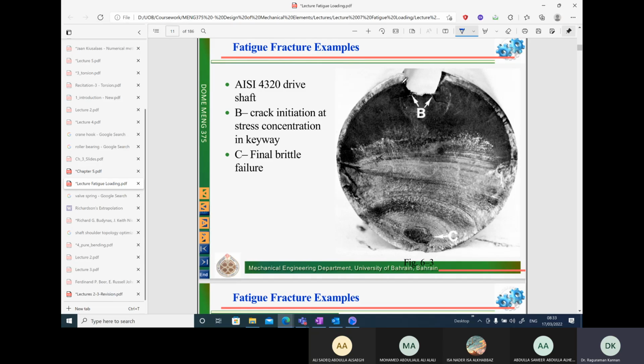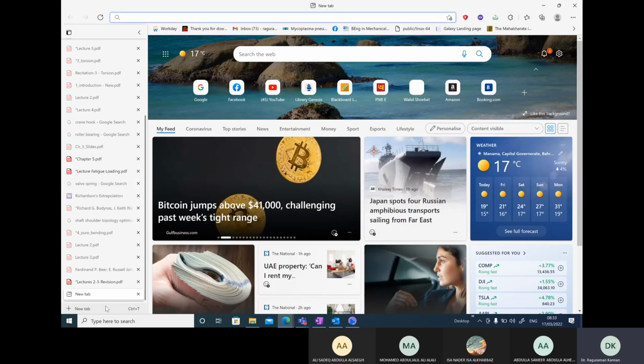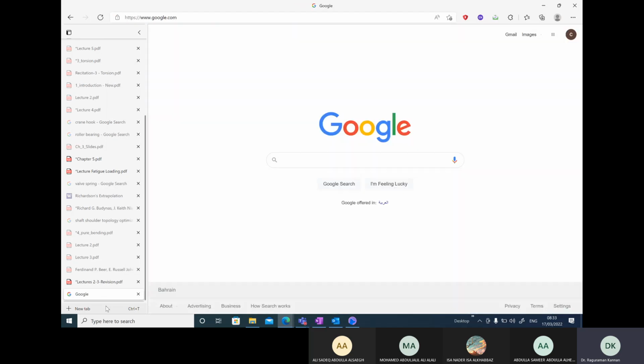Okay, so here this is a keyway to a shaft. Clearly this is a keyway to the shaft. A keyway is a place where we put a block of material to connect the shaft to a gear or some other part.